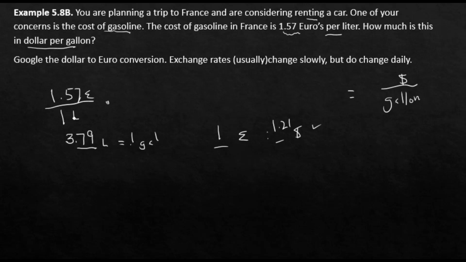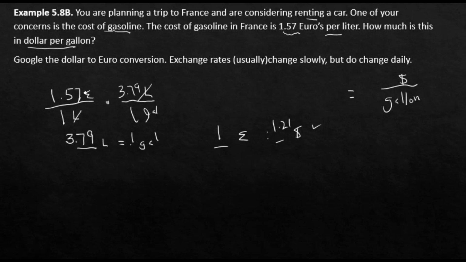Well, you want to get rid of the liters in the denominator, so you want to put the liters in the numerator. And that forces you to put the gallons in the denominator. So we have 3.79 liters to 1 gallon. So these will cancel.